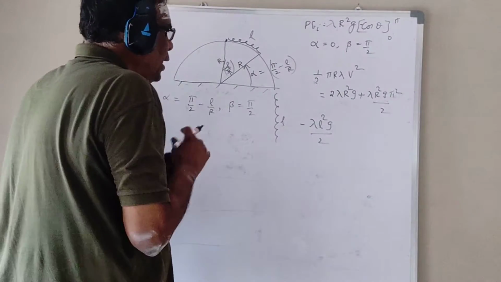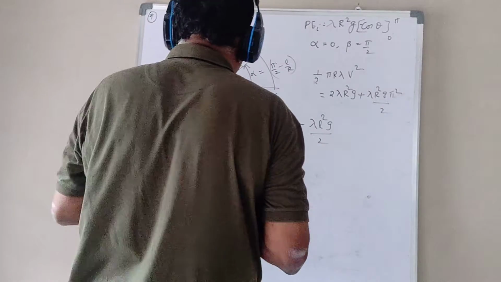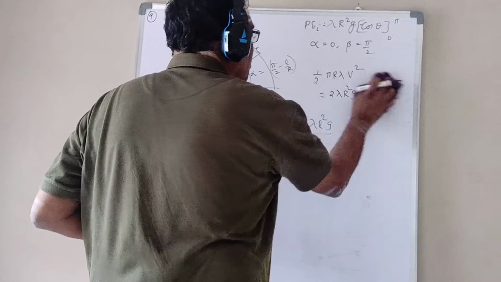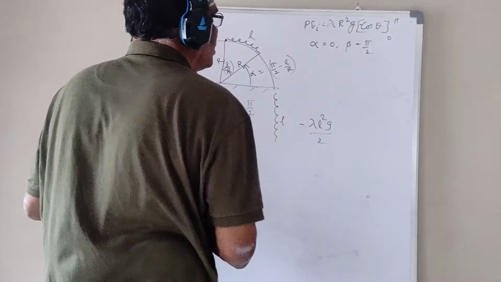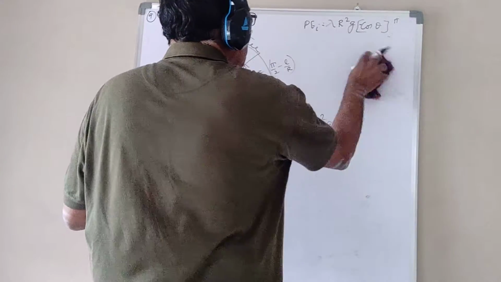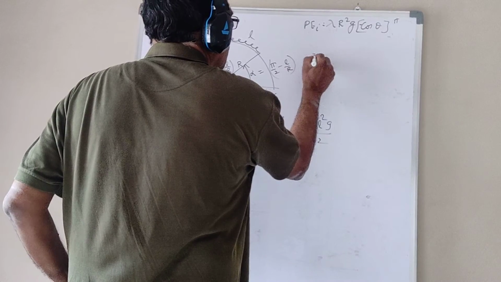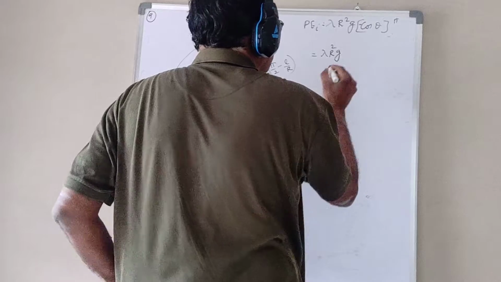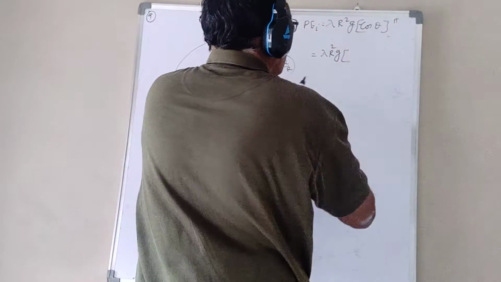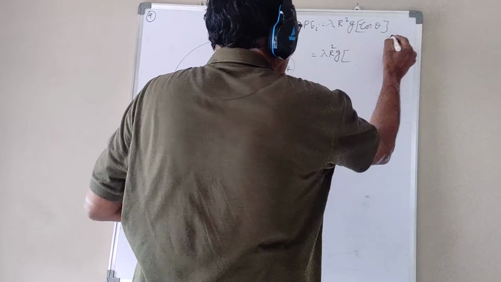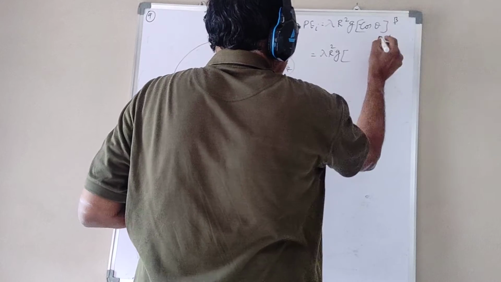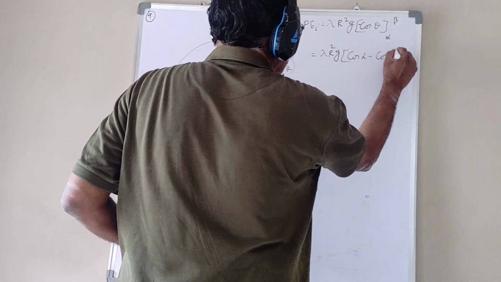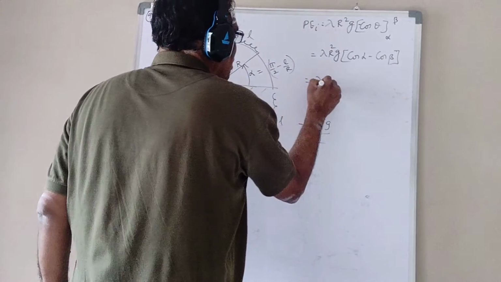So, directly obtain the initial potential energy. How do you get that? Now, I told you it's equal to lambda r square g. Now, you have alpha to beta. If you reverse, you get cos alpha minus cos beta.